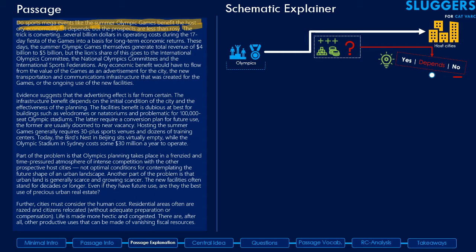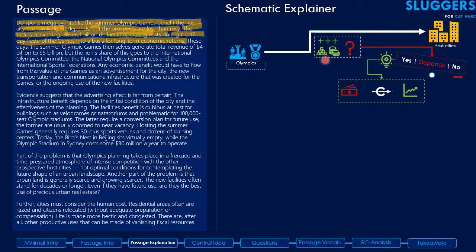The trick is converting several billion dollars in operating costs during the 17-day fiesta of the games into a basis for long-term economic returns. Okay, all right. So this sentence is quite interesting, right? He says that the trick here, in such a scenario, the trick for what? The trick for ensuring that the answer to this question is yes, that the Olympic events might benefit.